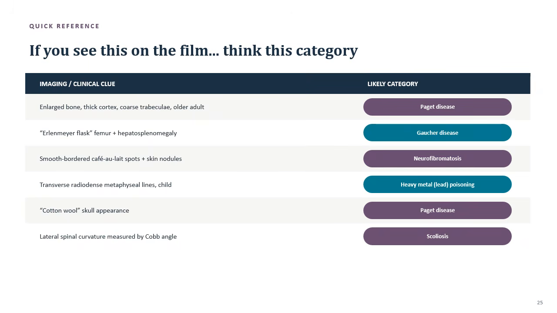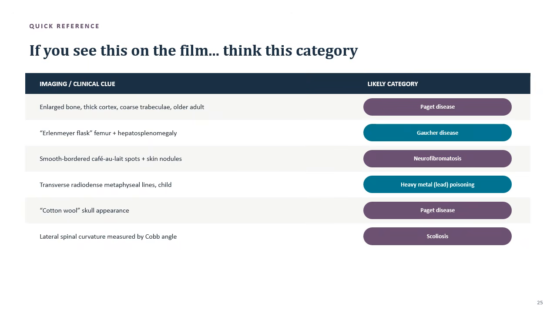The next one where the patient presents with or has what we call cafe au lait spots. When we're talking about the borders, they're smooth. They also might have skin nodules, and that is your neurofibromatosis. The next one is in a kid. If we're looking at the growth plate and we see dense lines, that is a sign of lead poisoning.